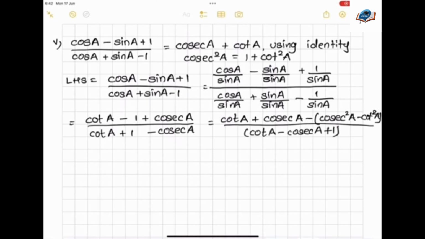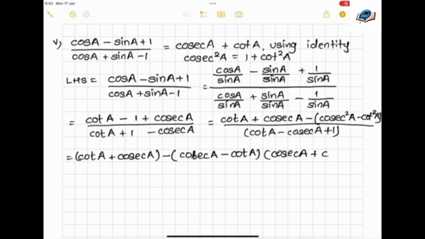So that will be equal to, now cot A plus cosec A in one bracket, minus cot A or cosec A minus cot A into another bracket, cosec A plus cot A, whole upon cot A minus cosec A plus 1.